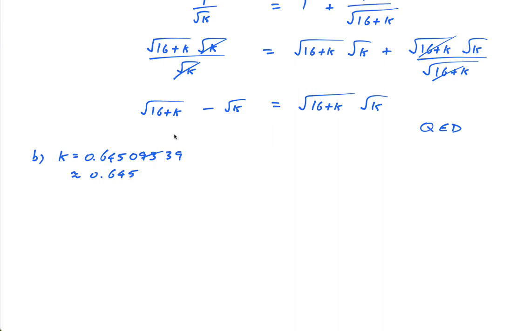Remember, the one thing, guys, is I always say be careful that it might have more than one solution. Now, you may notice that this function here is actually going to be a decreasing function if it was a function of x, and this function is going to be an increasing function. So as k gets bigger, this whole thing here actually gets smaller because you're subtracting this root k.